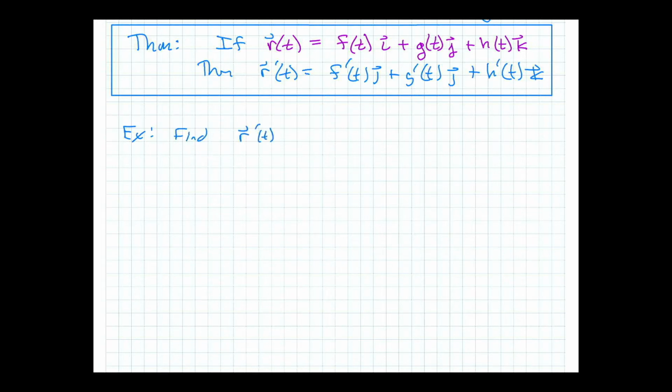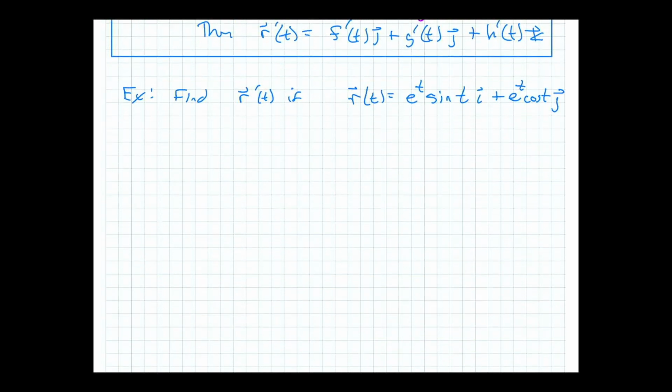Let's do one more example of this before we move on. Find r prime of t if r of t equals e to the t sine t i plus e to the t cosine t j. We're going to do two components here just because.